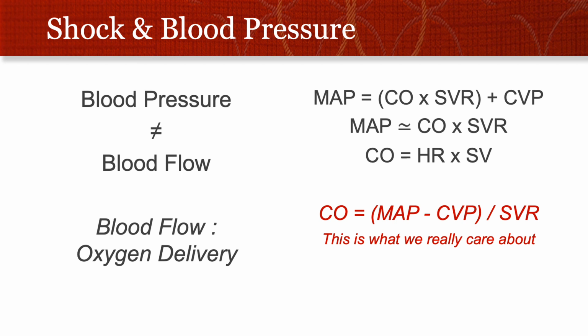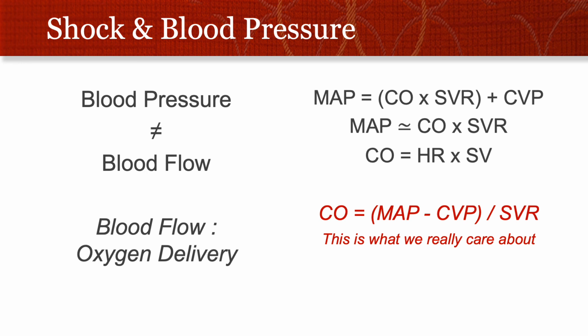If we simply ignore that in most people the CVP is not a major contributor, the MAP is about equal to the cardiac output times the SVR. And we know that the cardiac output is the heart rate times the stroke volume. If we rearrange that, what we see is the cardiac output equals the MAP minus the CVP divided by the SVR. That's what we really care about.